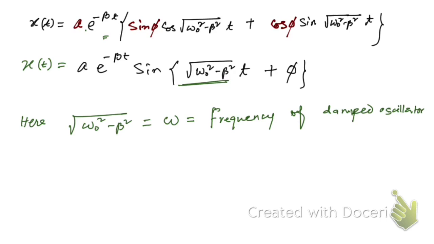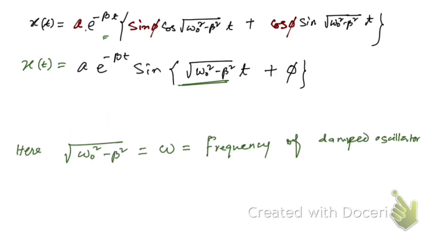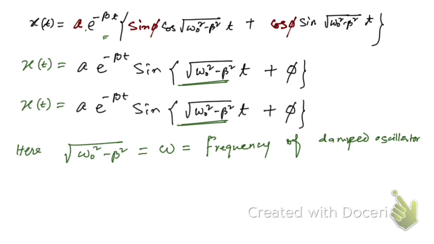So here we can write this solution in this form. We can replace this root over omega naught square minus beta square by omega.